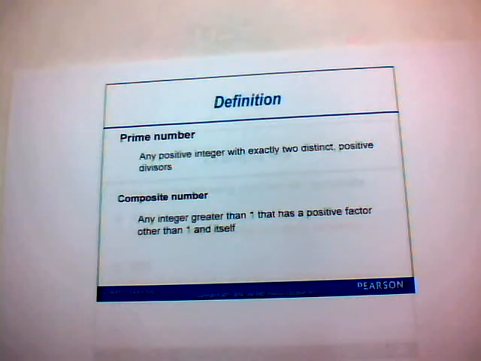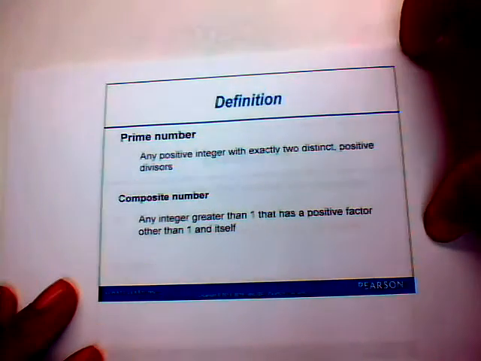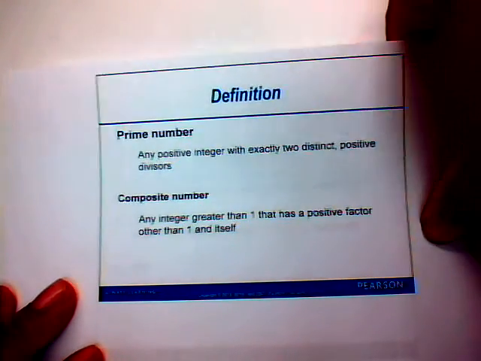A composite number is any integer greater than 1 that has a positive factor other than itself and 1. So a composite number has more than 2 positive factors. A prime number only has 2 positive divisors, itself and 1.